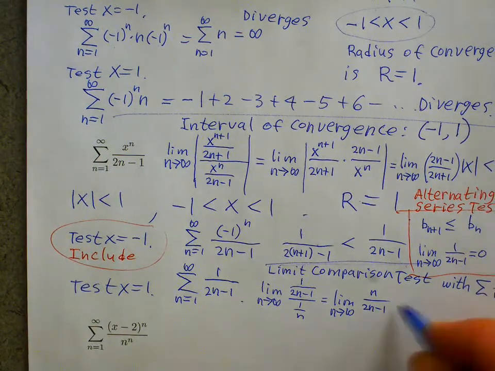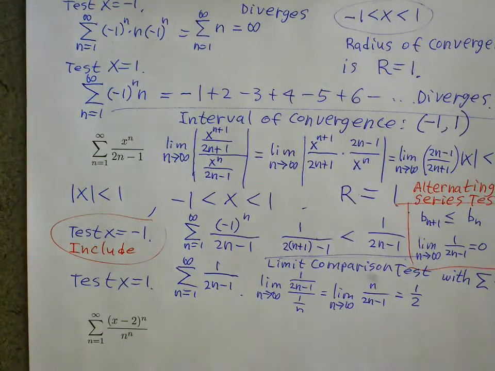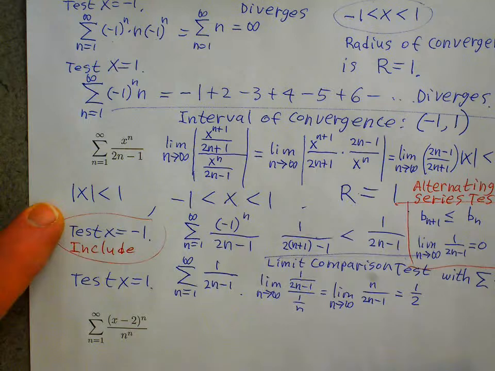And this limit is equal to a positive finite number, 1/2. So the limit comparison test tells us that this series does the same thing as the harmonic series.